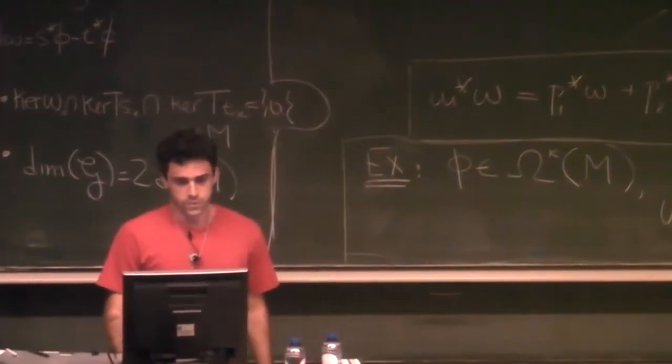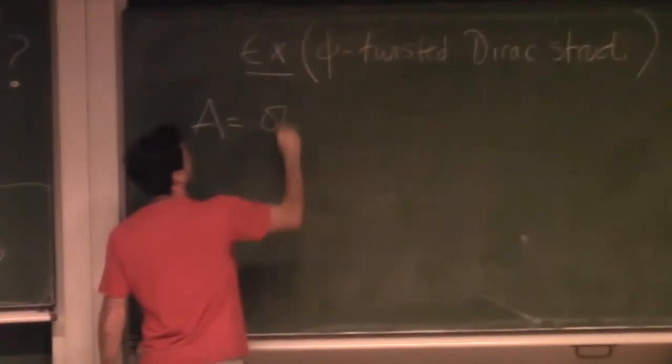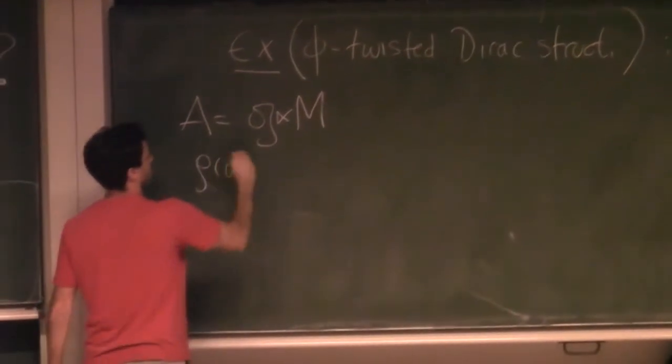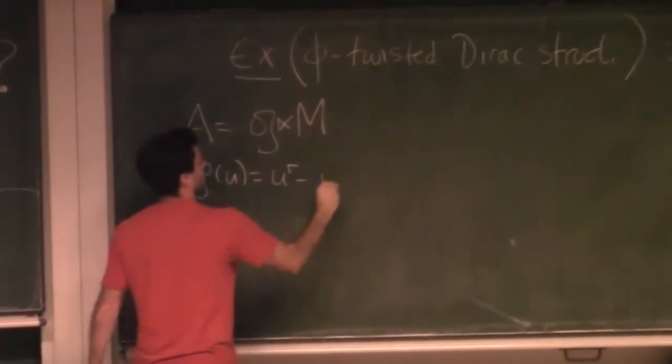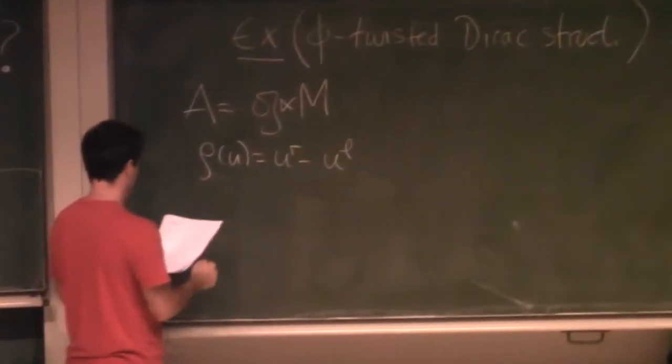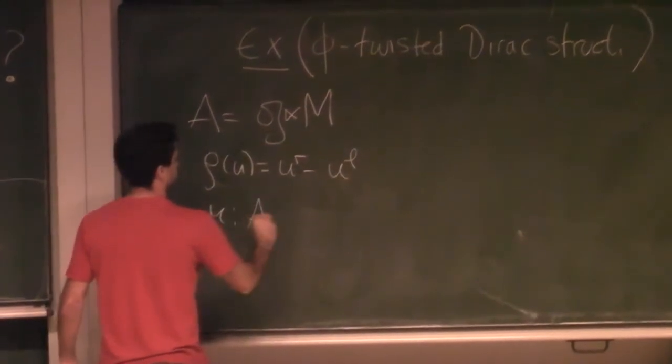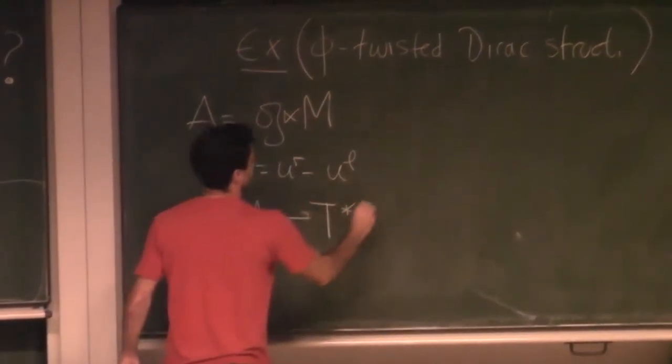Now, what else? Let me give you this map mu. So I already told you what this is. So the anchor is this, right minus left invariant vector fields, and now I'm telling you what this mu is.